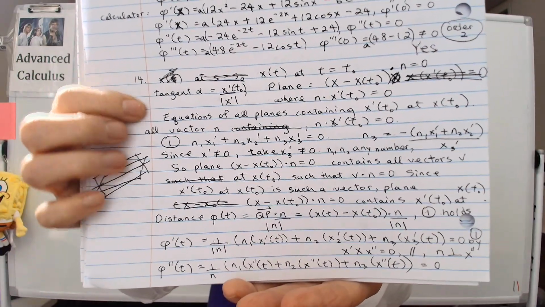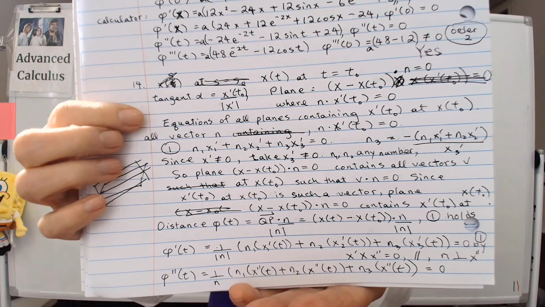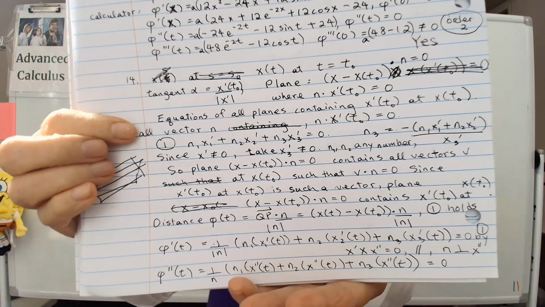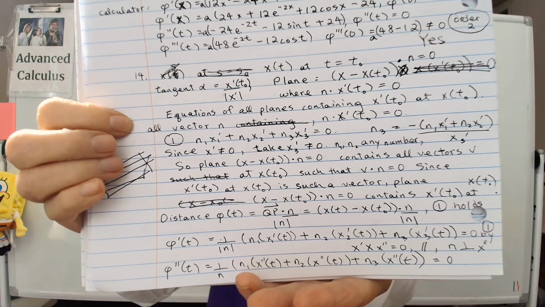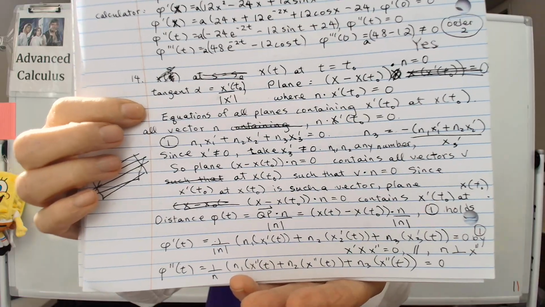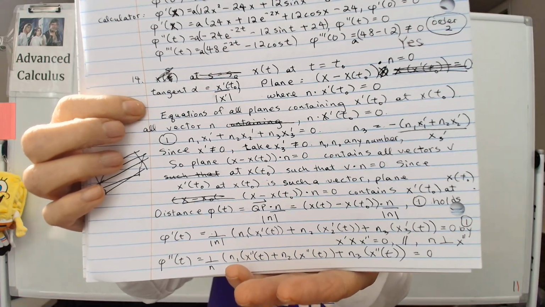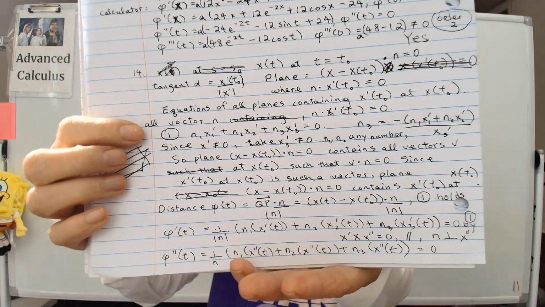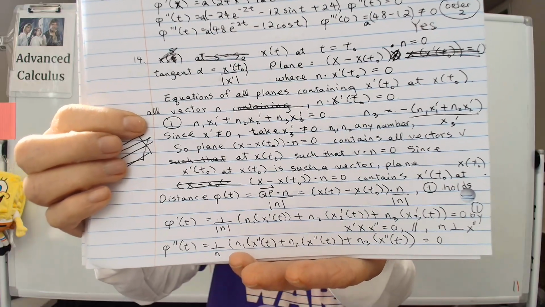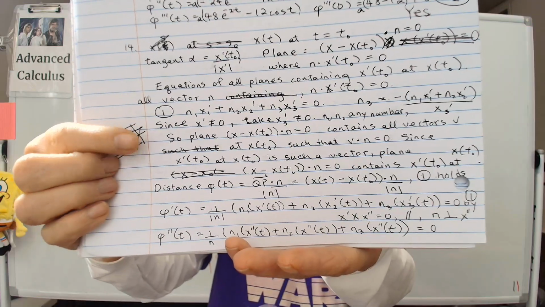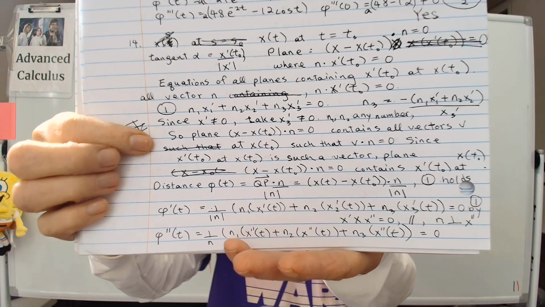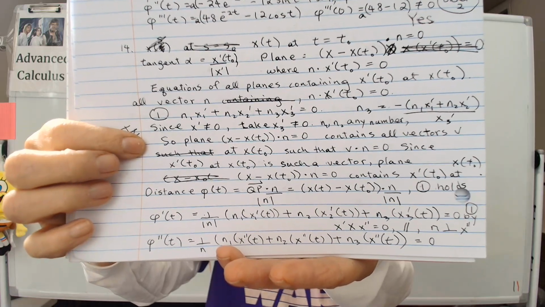Okay, and then it contains that vector, so that contains the tangent alpha. All planes containing tangent alpha must have a vector n, in the direction of alpha, such that for all planes containing x prime at t0 at x of t0, it has the dot product equal to 0. That is, equation 1 holds. Any plane that has this situation contains all vectors v at x of t0 where v dot n is equal to 0.